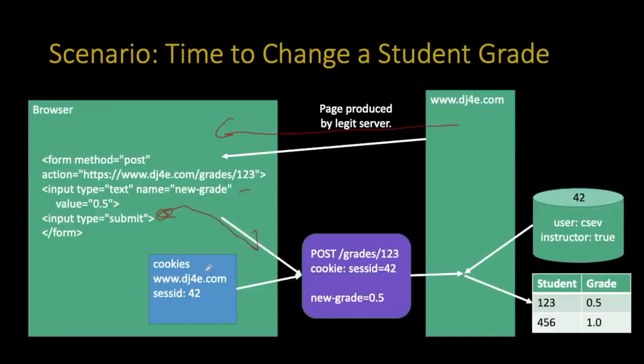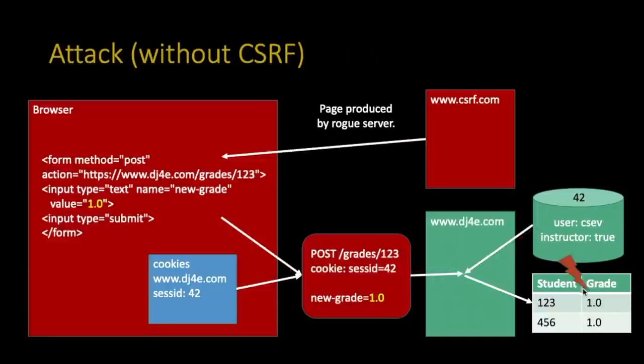Now, one of the things that the browser is supposed to do is pull the cookies for that server and send them. So it sends both a post and the data, but it also sends the session ID cookie. And then what happens is that Django gets its hands on it. It looks up the session ID, pulls it in, and notices that it's C7 and I've been logged in as an instructor. And then I can actually change this grade and set the grade, and it works.